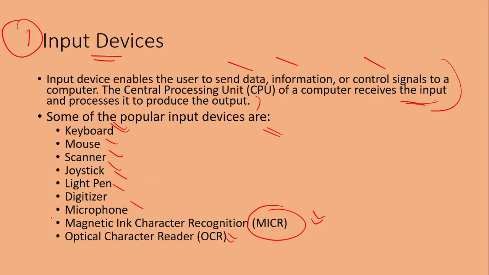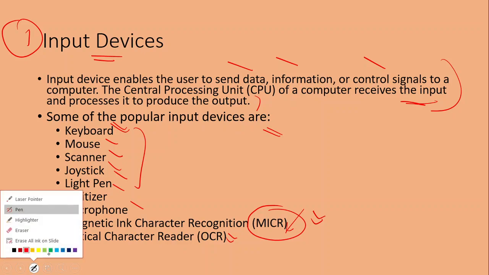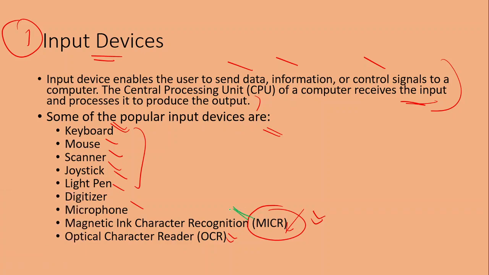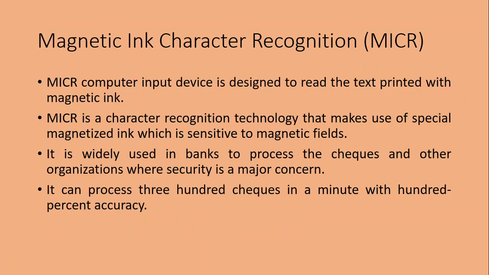So we can have a little bit of an idea about some of them. These are the very common ones, but there are one or two input devices that need to be addressed here. For example, this one, MICR, magnetic ink character recognition. This is used in so many places. MICR computer input device is designed to read text printed with magnetic ink.